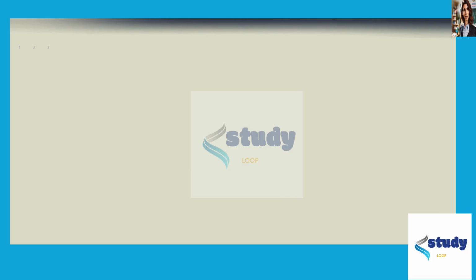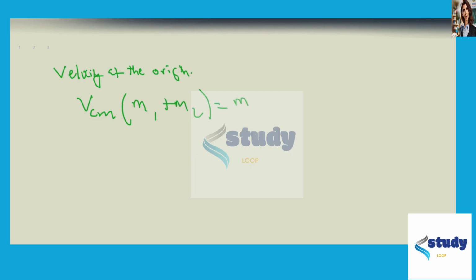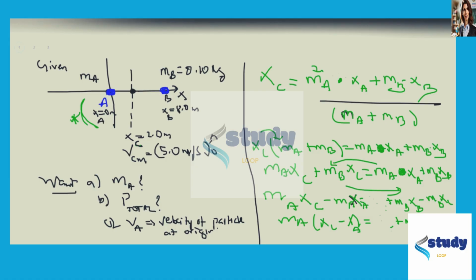And this time, we're supposed to get the velocity at the origin. So velocity at the origin. We do know in terms of momentum that the momentum of the system, m1 plus m2, this is common momentum, equals, this is actually ma and mb, that's the velocity at the center of mass, this one right here.